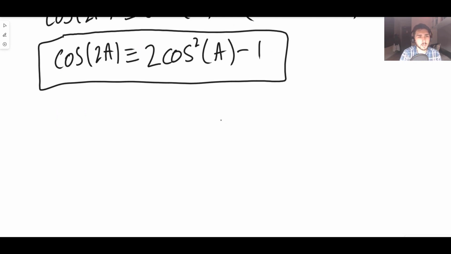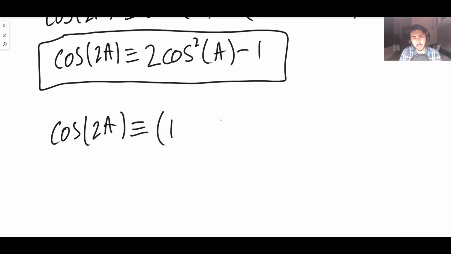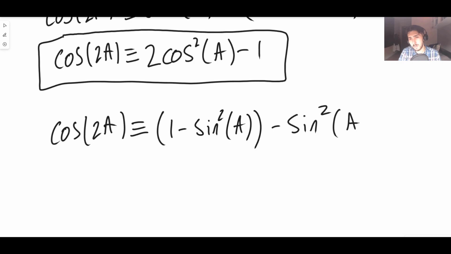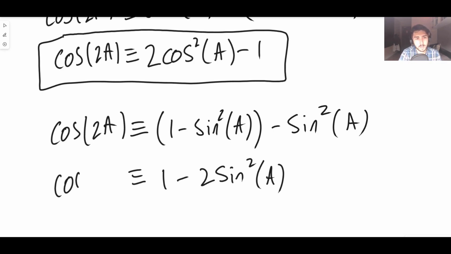So if you do that, you end up with cos 2A, which was originally cos squared minus sine squared, but cos squared is 1 minus sine squared. And then we need to take away another sine squared, because it's cos squared minus sine squared. That will be equal to 1 minus 2 sine squared A. This is the next one for cos 2A. So there we go, there's all three.